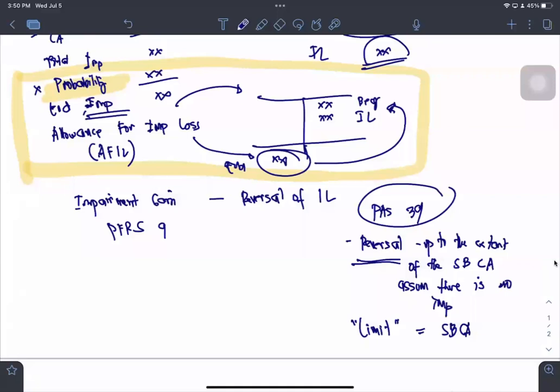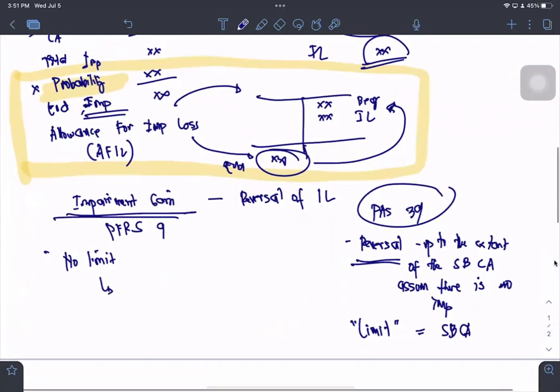While under PFRS 9, the impairment gain or the reversal of impairment loss has no limit. So this, therefore, will be placed in your profit or loss.